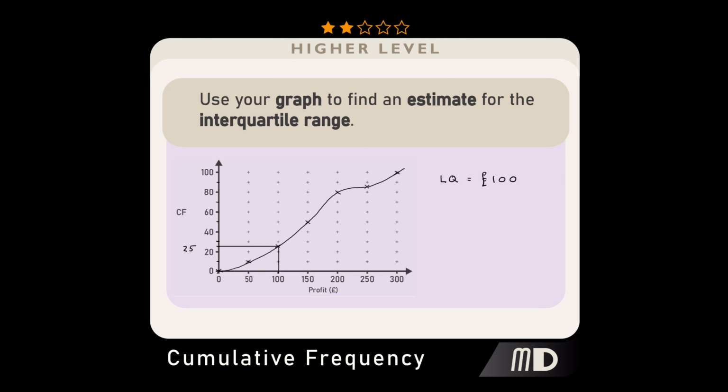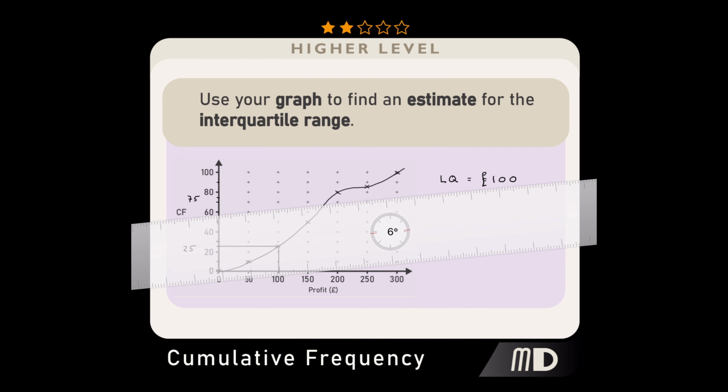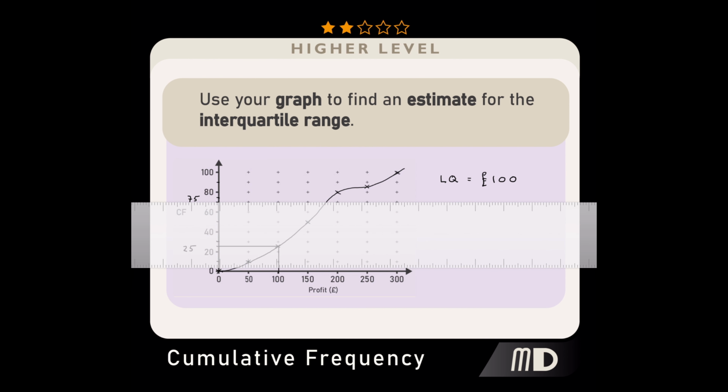The upper quartile is measured from the 75th percentile, which, in this context, is 75% of the total number of days. So we need to measure the upper quartile from the value 75 on the y-axis. So from 75 on the y-axis, we need to draw a horizontal line to our cumulative frequency curve.